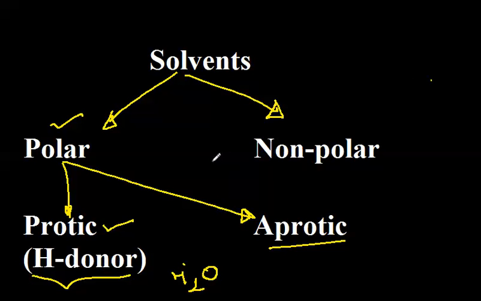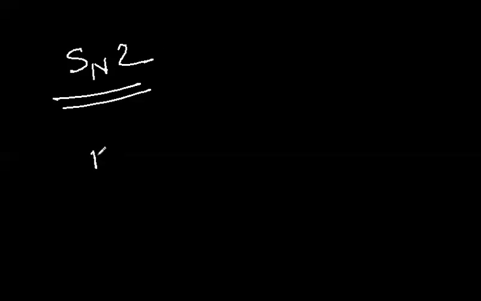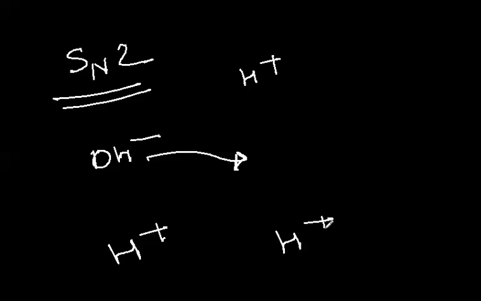When you use a protic solvent, then it's going to give those H positive ions. And if you are talking about the SN2 reactions, and you consider that a nucleophile, say OH, is present, which is going to attack our substrate, and what if there are many H positive ions present due to the solvent, or if the solvent was a protic solvent, then it will leave many of these hydrogen positive ions.